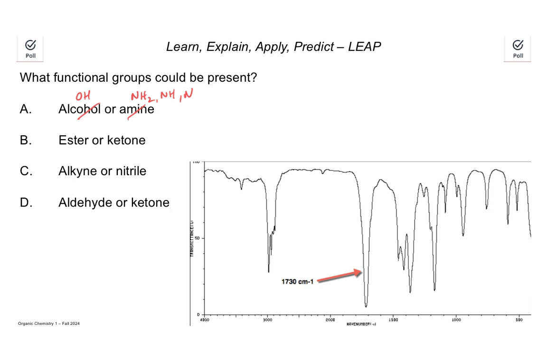So an ester can be that. A ketone can be that. They both have a carbonyl, so that's a possibility. Alkyne or nitrile we eliminated because there's nothing in region 2, so no triple bonds.